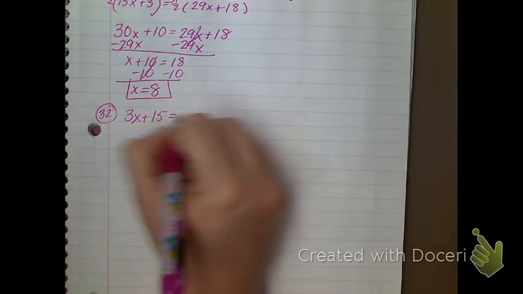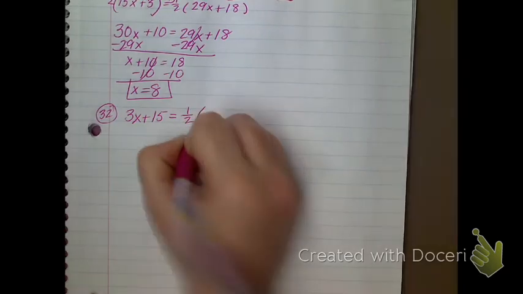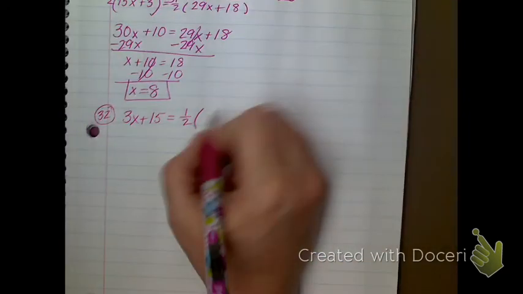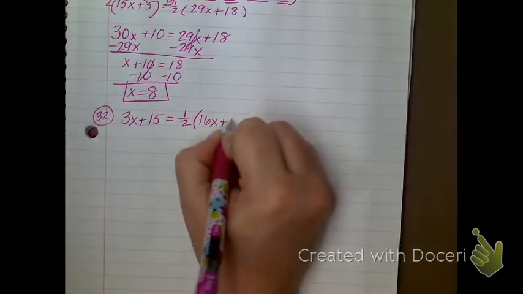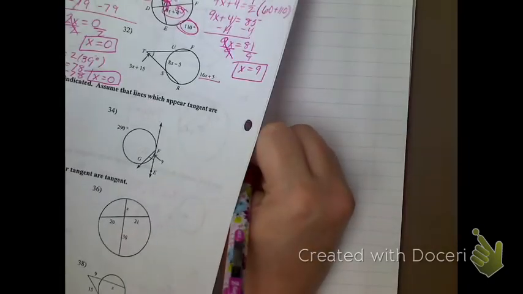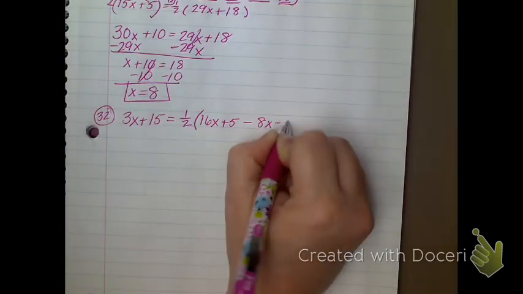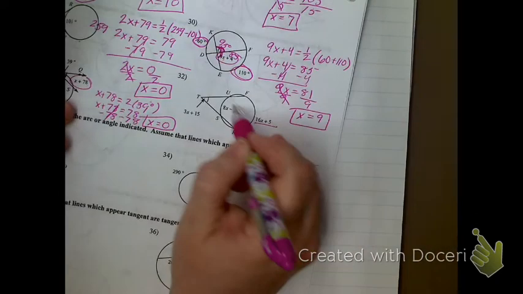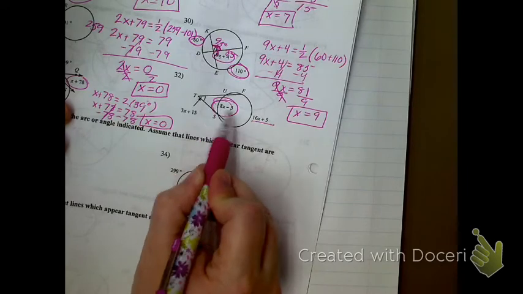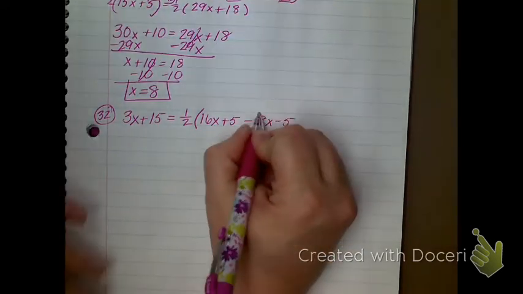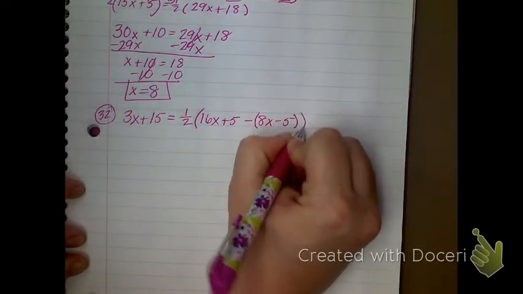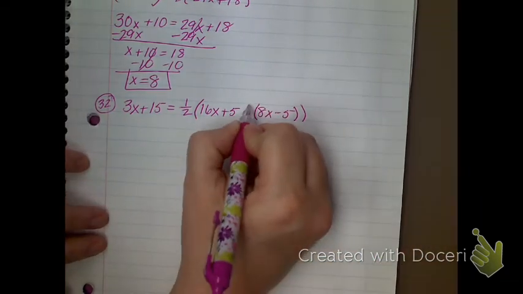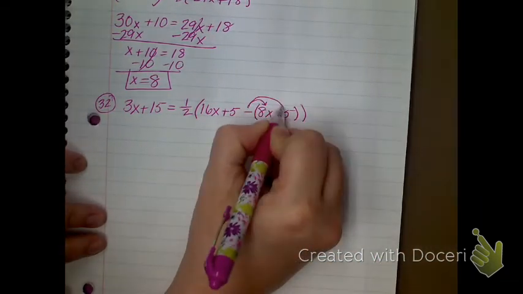That's going to be equal to 1/2 of the big arc, 16x plus 5, minus 8x minus 5. Now there's a different situation when the small arc has two terms, because technically I need that in parentheses. What does that do if I have that in parentheses? It means I have to distribute that negative sign.